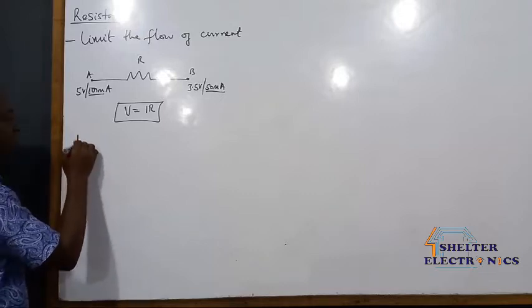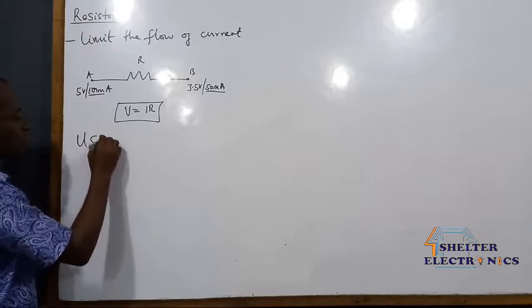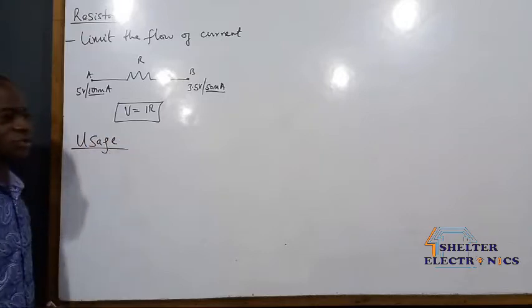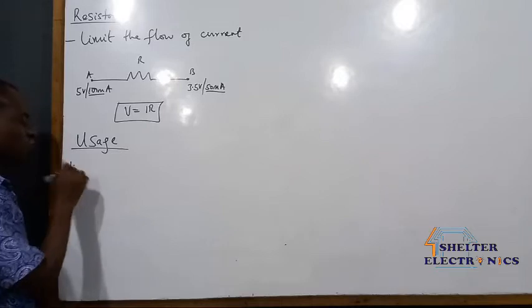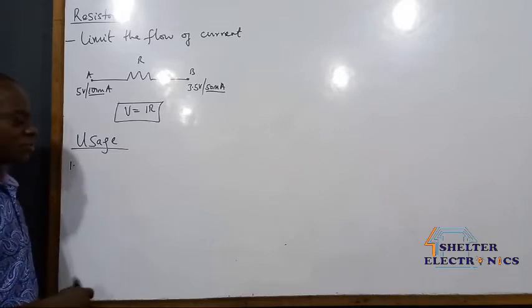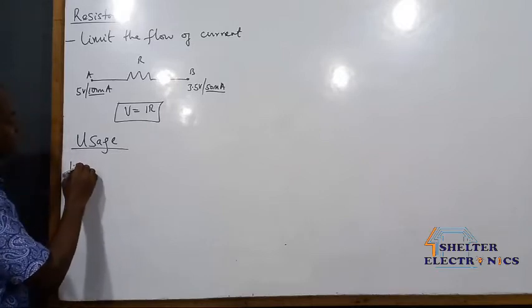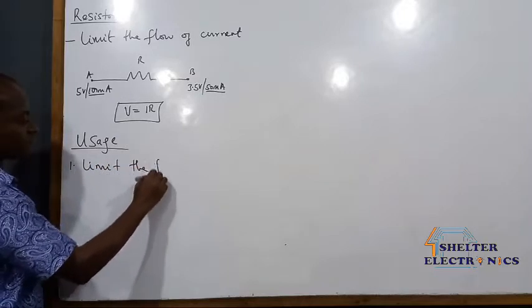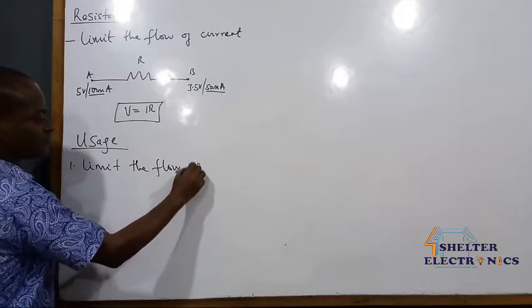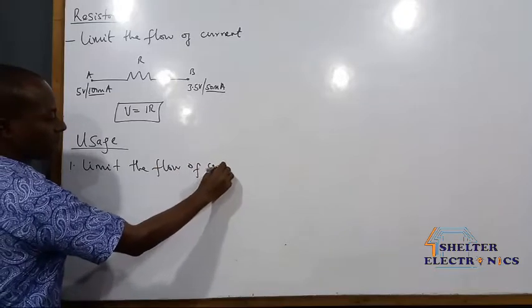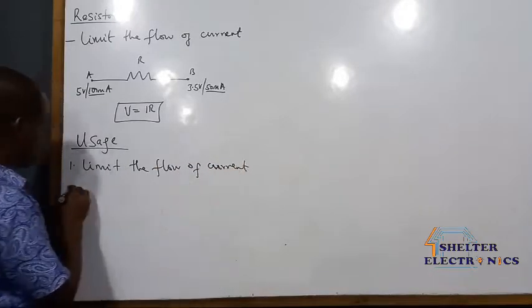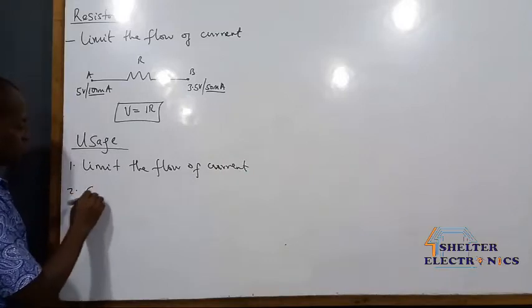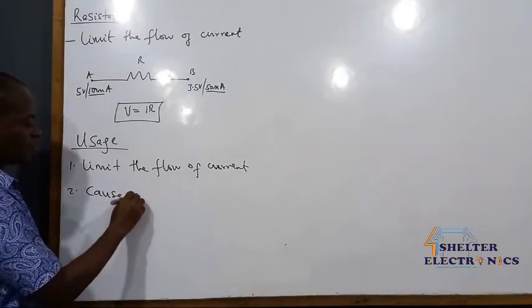Now to usage. What use do we put resistors to in an electronic circuit? We put resistors to 3 usages in electronic circuits. The first usage is that we use them to limit the flow of current. Secondly, we use resistors to cause a drop in voltage.